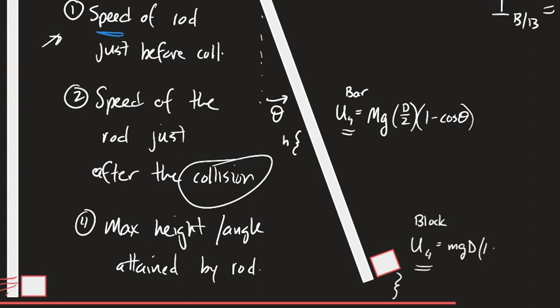So it's mgd times 1 minus cosine theta. That okay? Not terrible, because it's about to get yucky. This was bad enough, but it's going to get really yucky. That has to be the total amount of potential energy after the collision. Has to be.